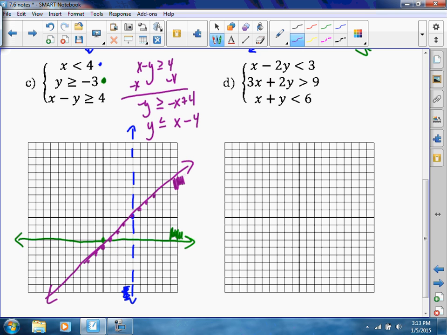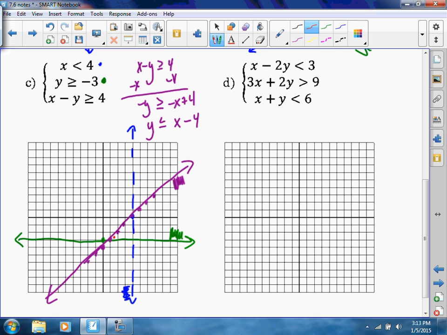Okay? Now, this is a really small triangle that forms. Most of the time you're going to shade inside that shape that forms. But let's double check our shading here. This blue line I was supposed to shade to the left, so that would be inside the triangle. The green line I was supposed to shade above, and the purple line I was supposed to shade below.